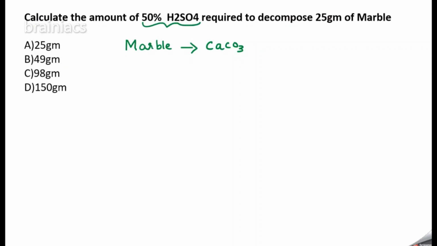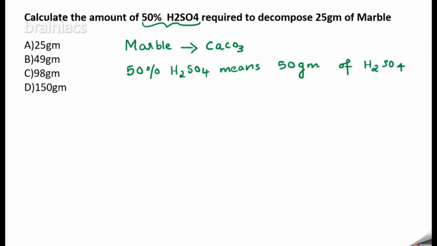What is that actually? 50% H2SO4 means 50 gram of H2SO4 is present in 100 gram of the solution.